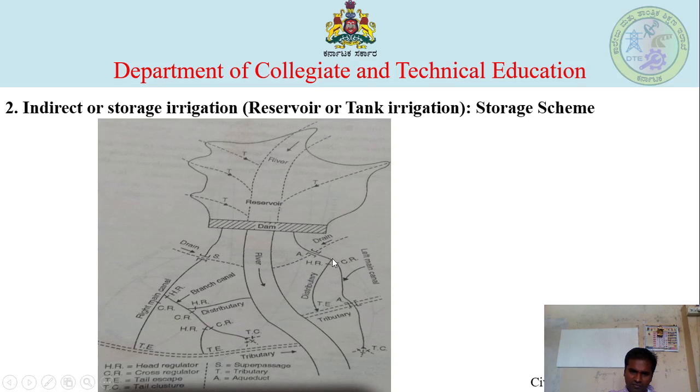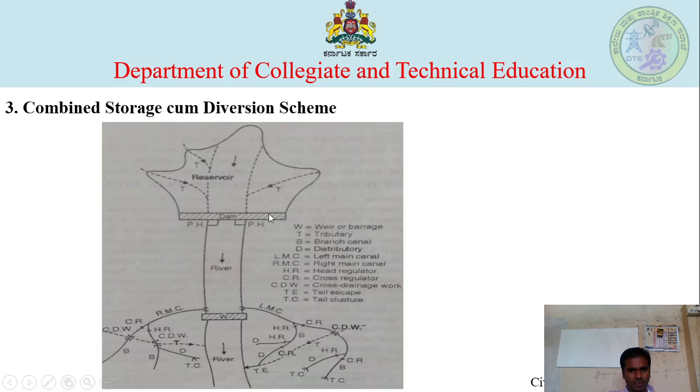From the main canal, the water will pass into the distributaries and tail clusters, then finally reaches the field where the irrigation crop is growing. This is called indirect or storage irrigation.